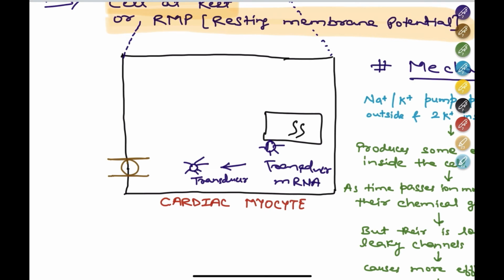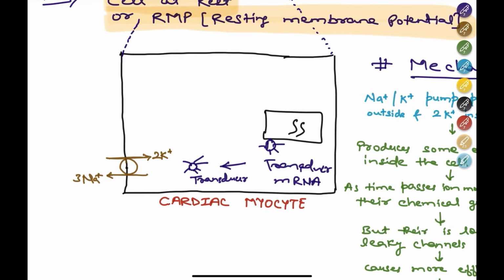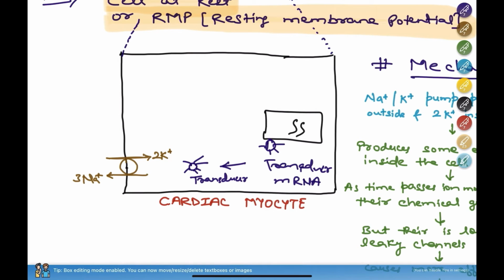It works on the phenomenon of 3 sodium efflux outside and 2 potassium influx inside. As the ion exchange takes place, more electronegativity is generated inside the cells and more electropositivity outside the cells.